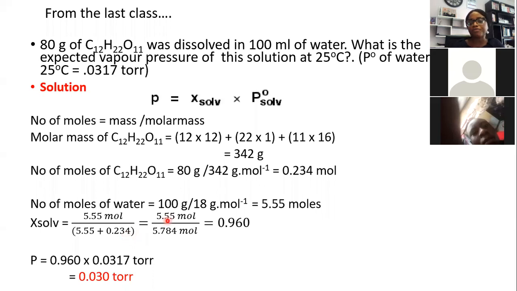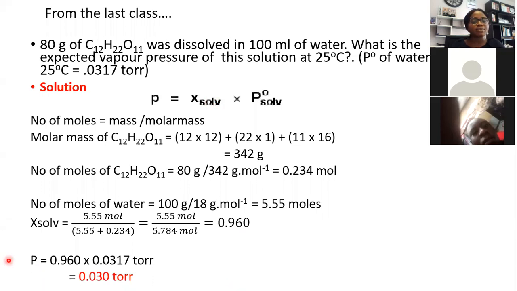This is 5.55, this is 5.55 divided by 5.784 mole. And the answer for that is 0.960. So we have the mole ratio of the solvent to be 0.960. Now we can slot in this value into this equation that we have here.